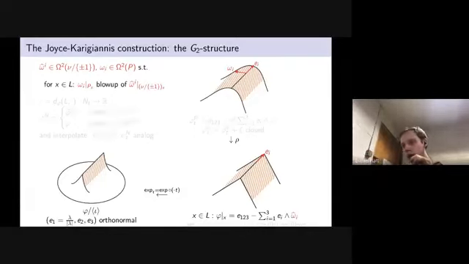Now, right now these omega_i hat are only defined at x, but what you can do is parallel transport them along the fibers of mu mod plus minus 1, and then you get omega_i hat, some two forms on the total space of this vector bundle, so two forms on mu mod plus minus 1, which are parallel on the fibers.